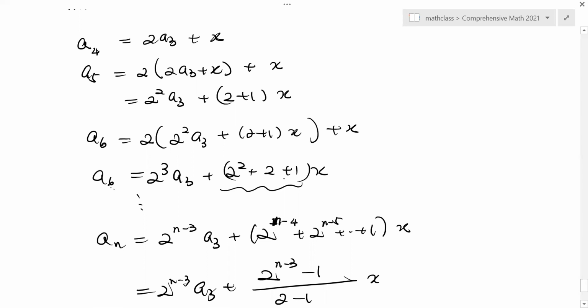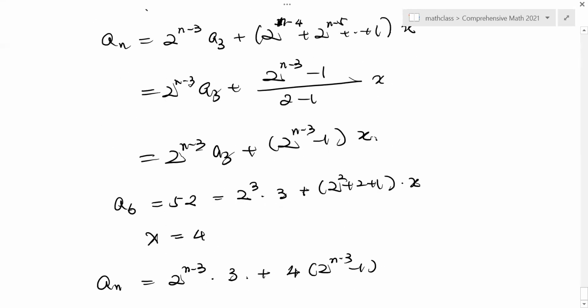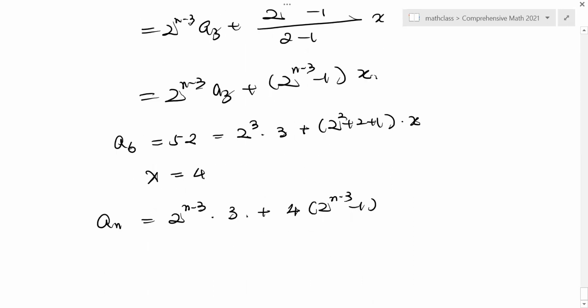If you change 2 plus 1 to 3, it's difficult to see this pattern, how the coefficients of x increase. So that's about today's lesson on sequences.